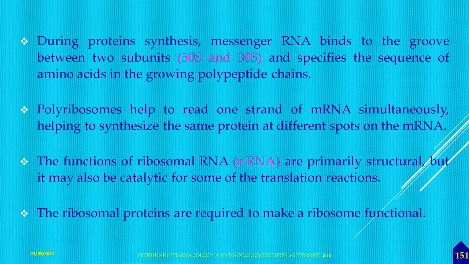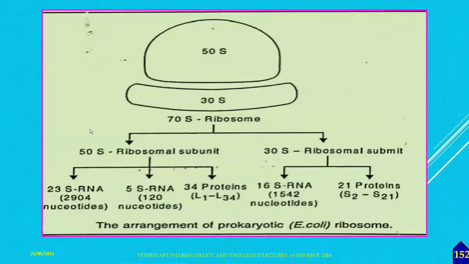So here you can see the ribosome contains the 50S and 30S subunits, which form the 70S ribosome, especially in bacteria. This is the arrangement in prokaryotic cells, especially bacterial cells like E. coli.